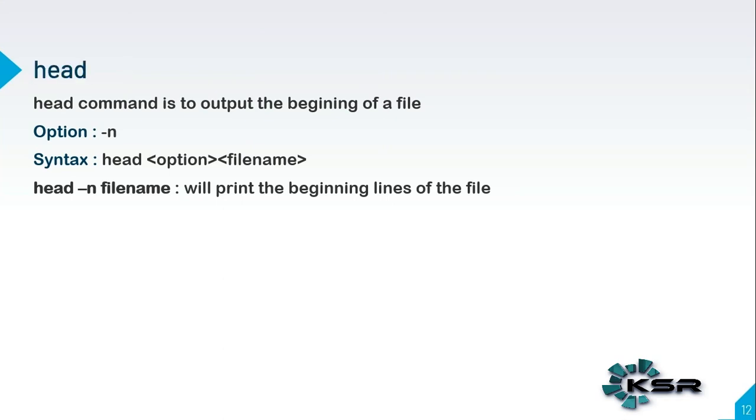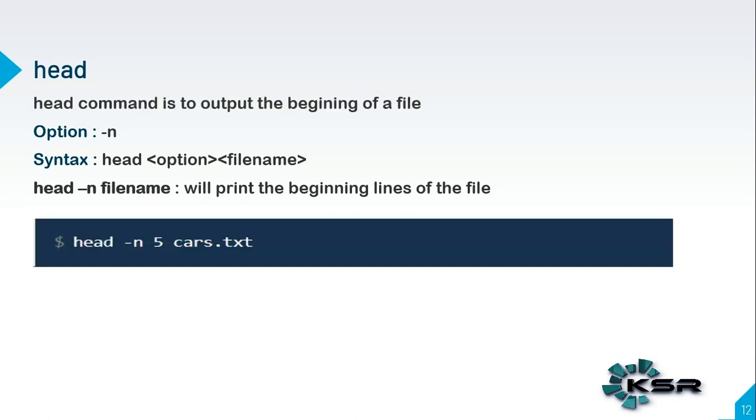This is the netstat command. Coming to the next command, which is head. Just now we saw tail, right? The opposite of tail is head. Tail gave us the end of the file, so head, obviously, is the beginning of the file, right? The head command is used to get the output for the beginning of a file with the option n.